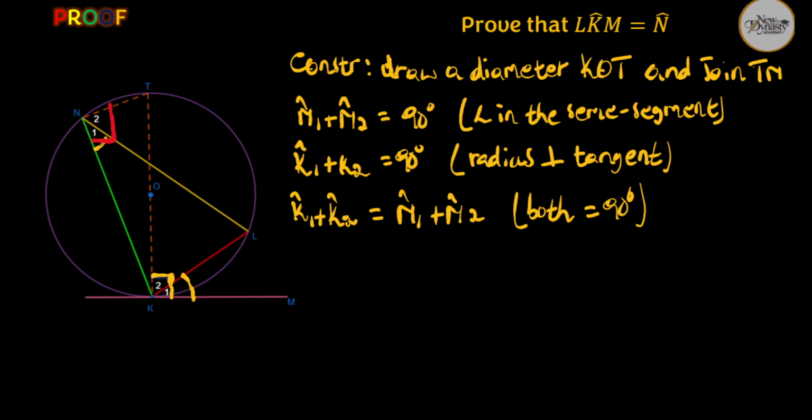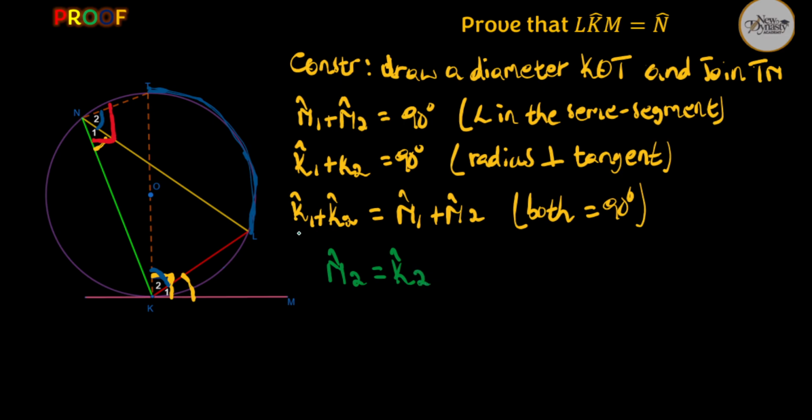So in this case, the angles that I'm highlighting in blue, which are N2 and K2 here, are angles in the same segment. You can check that they are both subtended by chord TL, the same chord. So because they are subtended by the same chord at the circumference, they are called angles in the same segment. So they are equal. So we can go on and say that angle N2 equals angle K2.